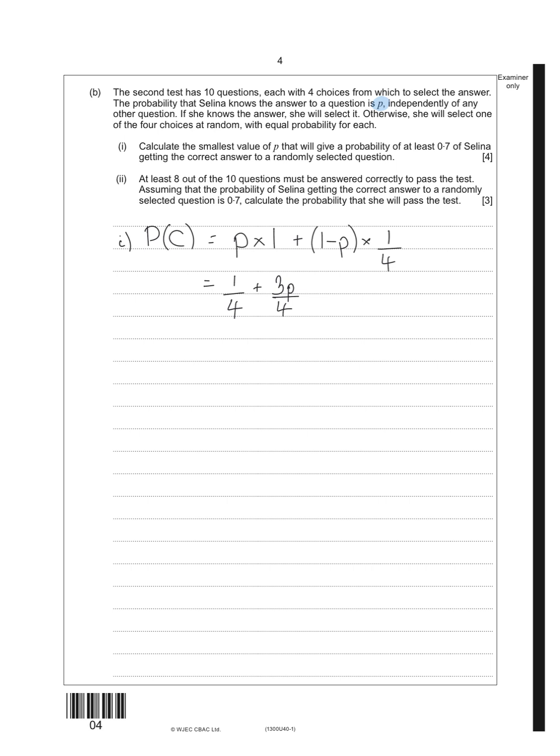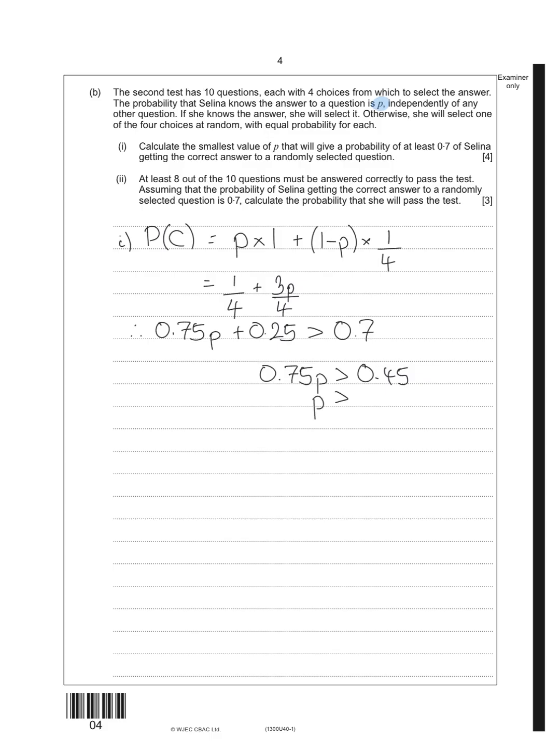Okay, so let's turn it all into decimals. Therefore, 0.75p plus 0.25 is greater than 0.7. So 0.75p is greater than 0.45.